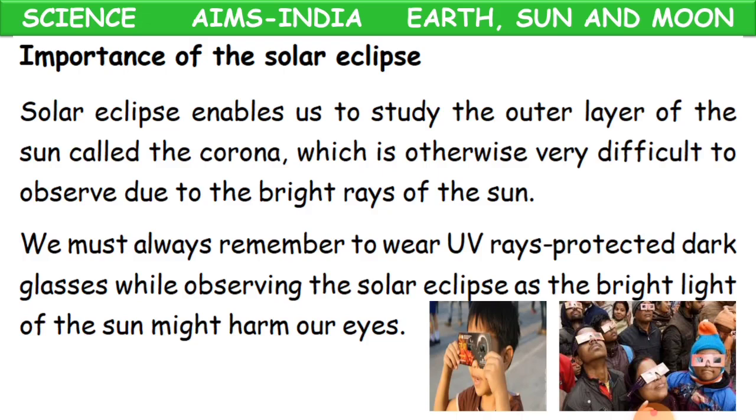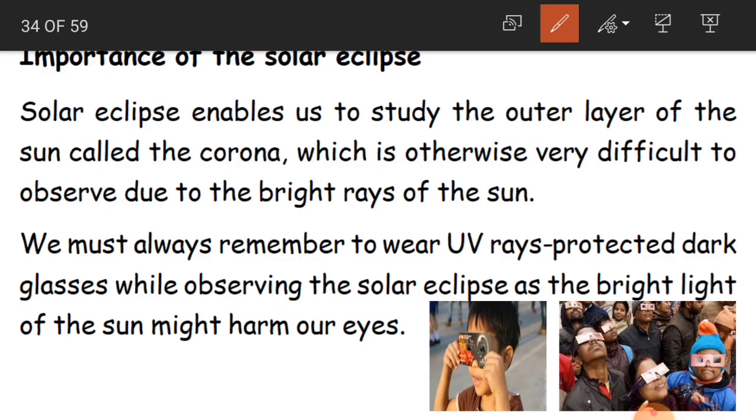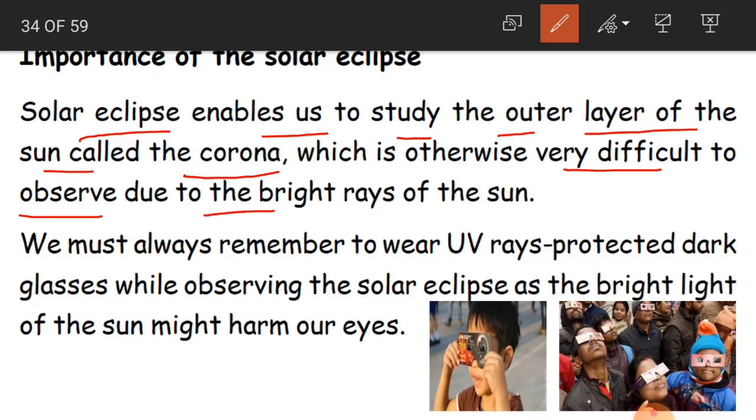Clear children? Now let us see what is the importance of solar eclipse. Solar eclipse enables us to study the outer layer of the sun called the corona, which is otherwise very difficult to observe due to the bright rays of the sun. See how good it is.